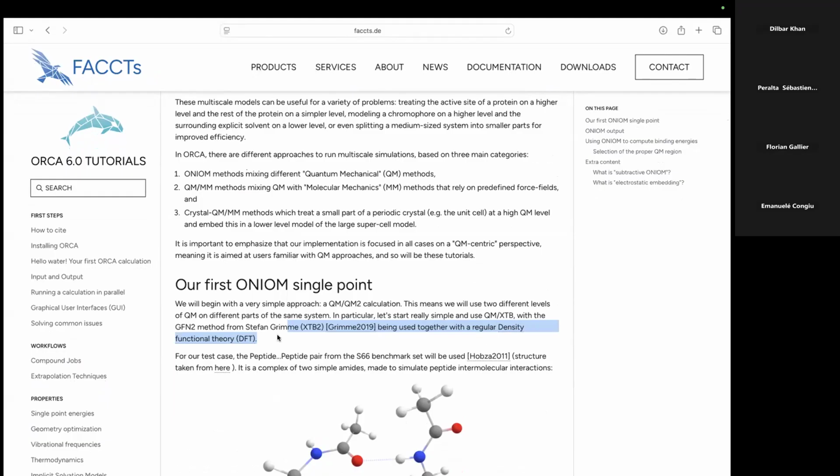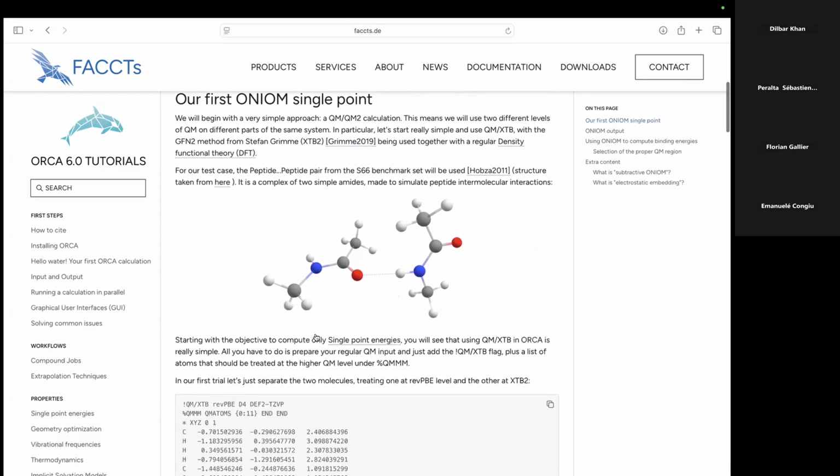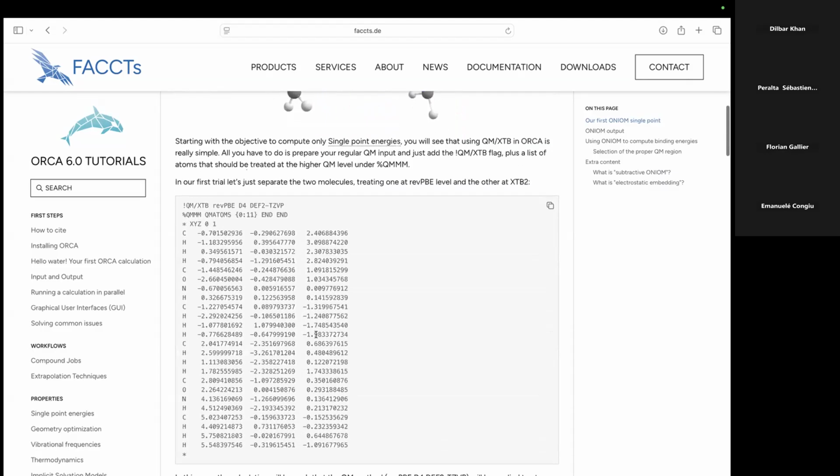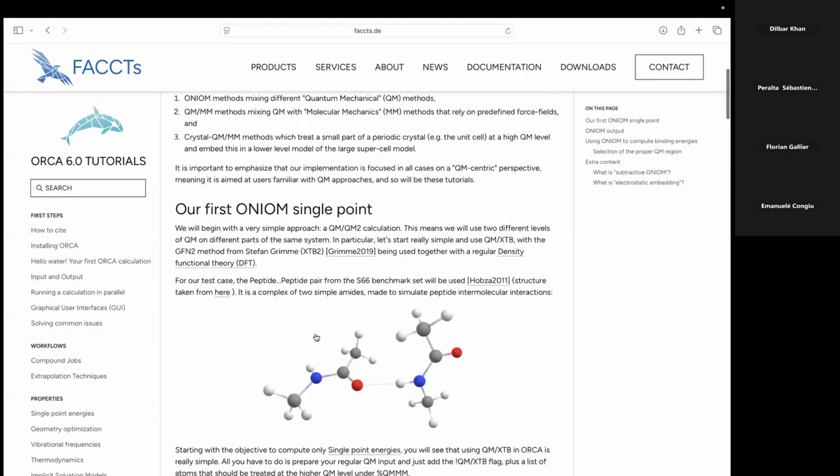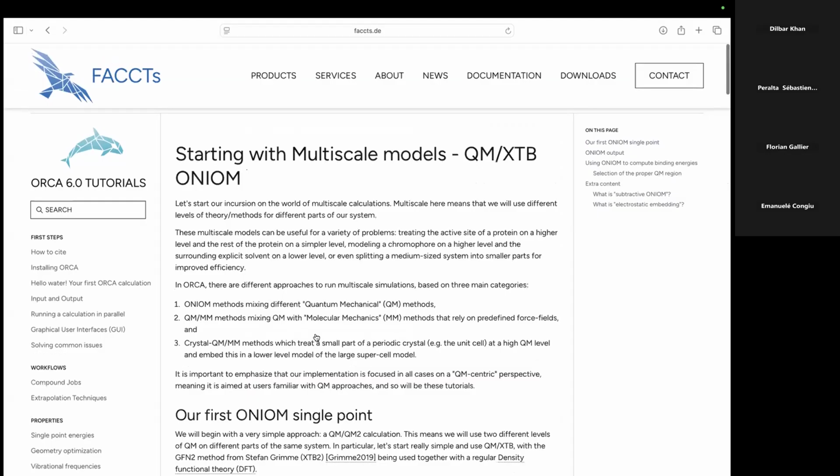You just download the XTB code and put it in the ORCA directory, and then ORCA automatically knows this XTB plugin is there. Then you can simply start running QM hybrid calculations. This approach is very good when you deal with relatively large molecular systems. I can of course show you some examples, and we can further discuss it.